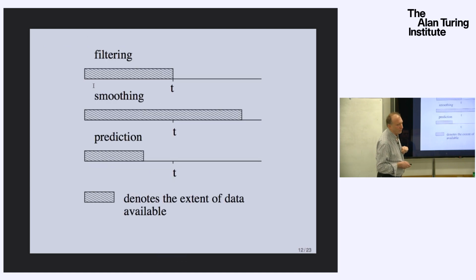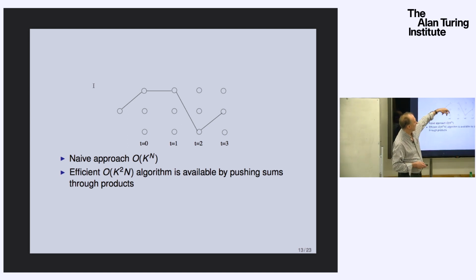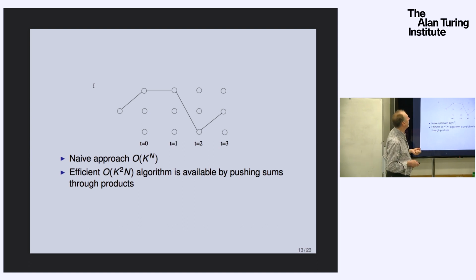So that's just a graphical representation of filtering, smoothing, and prediction. One thing to say is that if we had, say, 3 states at each time, we might think that there are an exponential number of paths, exponential in n, the length of the sequence.